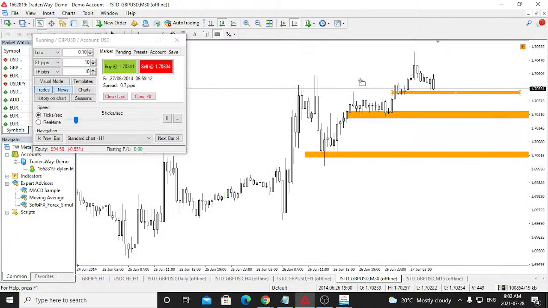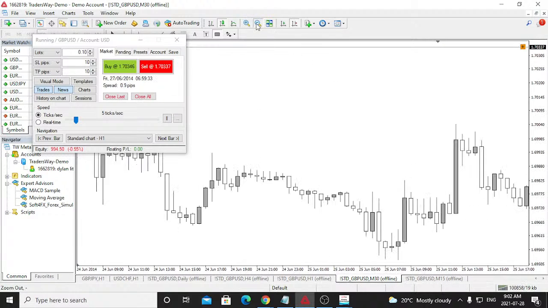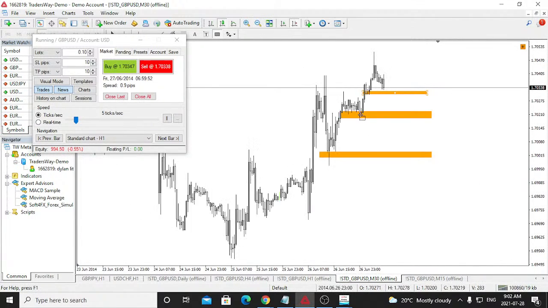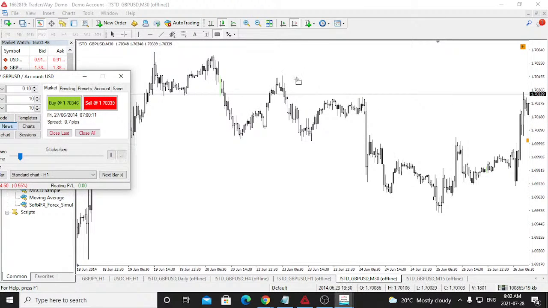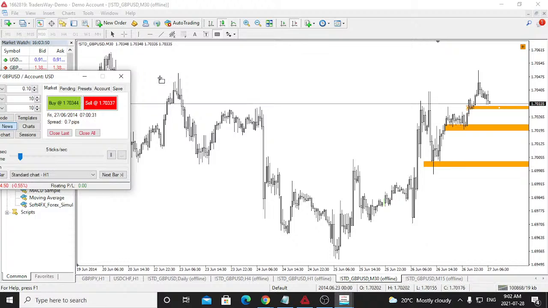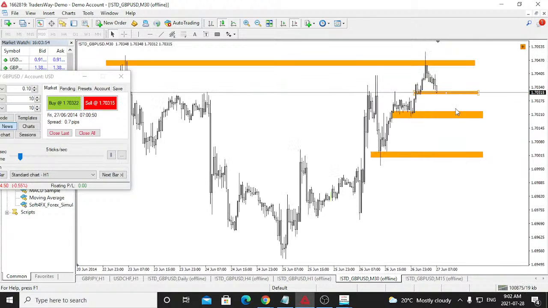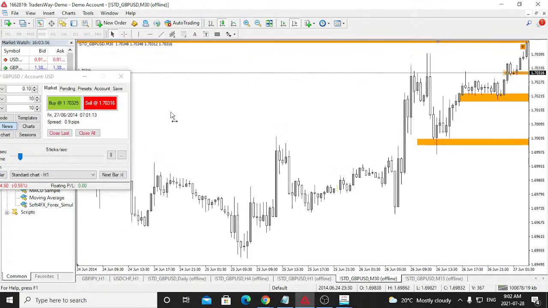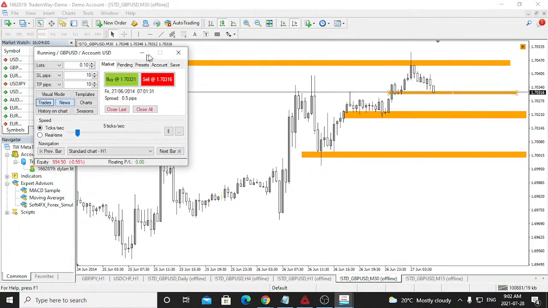If we zoom out and zoom out again, you can see that this right here is the level of rejection that we're referring to in the higher time frames. As we zoom in, we can see some level of support is being broken. So now we have to assess the time.